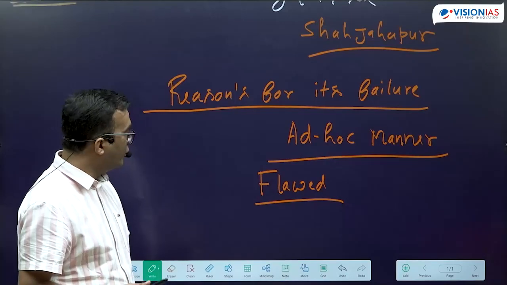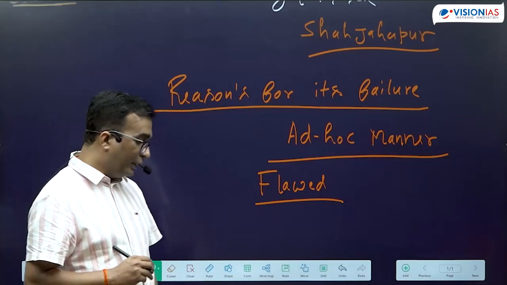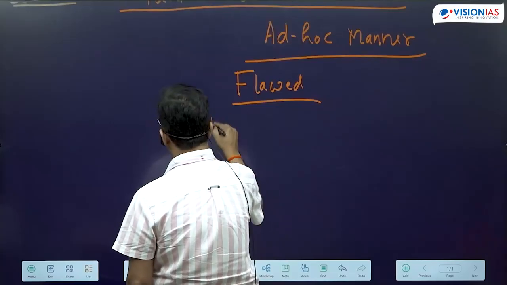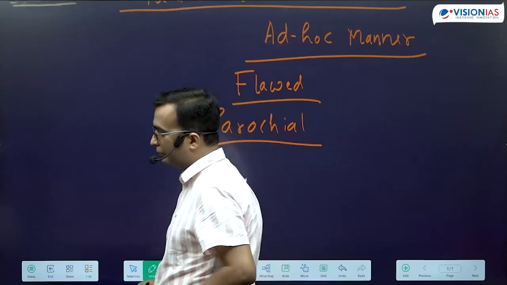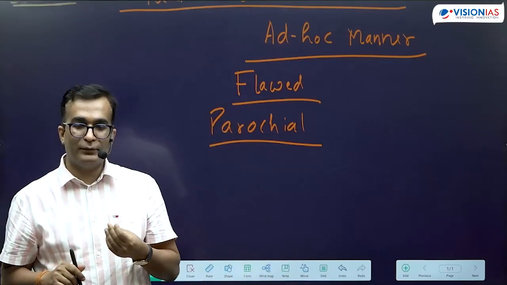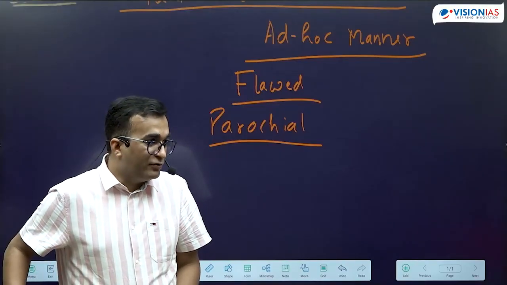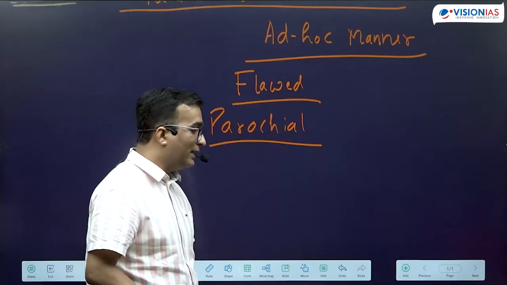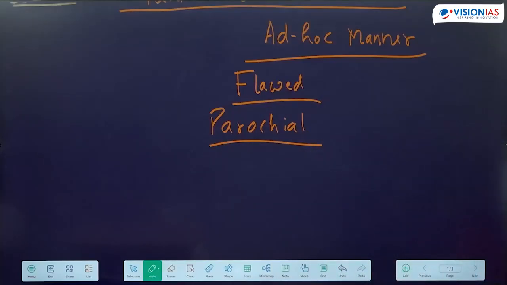Then further you mention, next one: revolt was parochial in outlook. You can see the spelling. What do we mean by parochial? Any idea? This is the word which I'm using for everyone fighting for self-interest. So mention: revolt was parochial in outlook as everyone was fighting for their own self-interest.